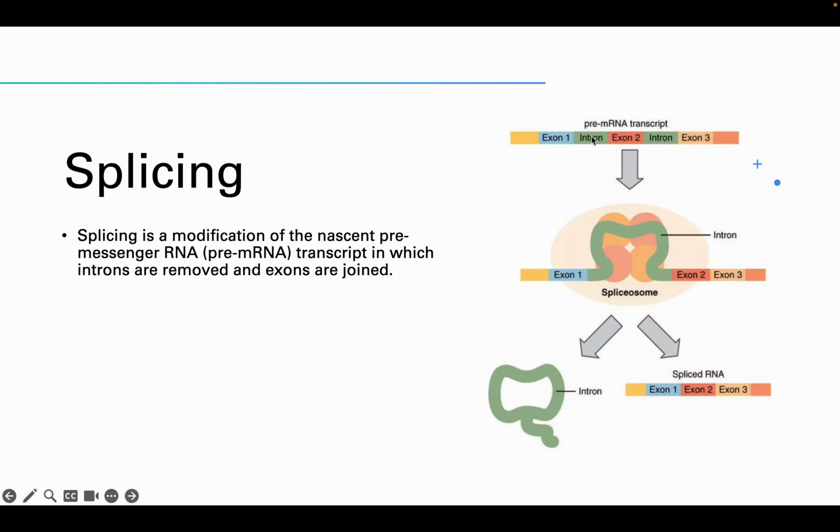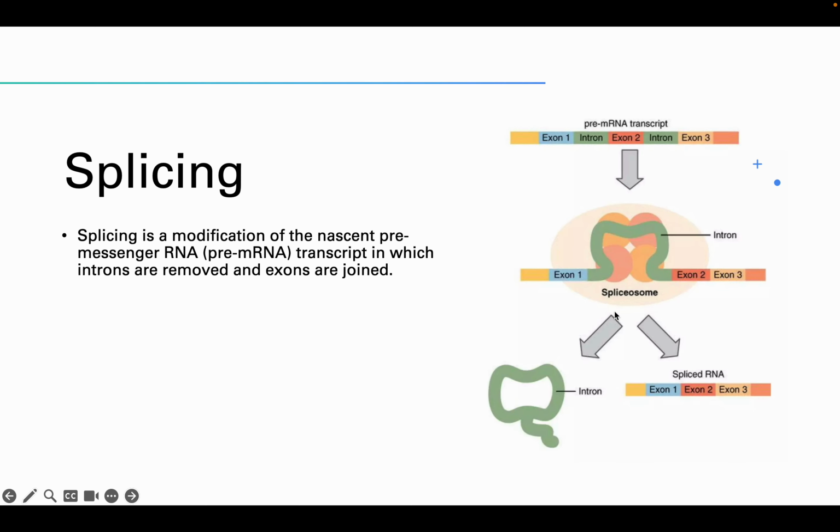In splicing, the introns are the non-coding RNA, which means that they don't code for protein, and exons are the parts which code for protein. To form the mature RNA, the introns need to be removed, so splicing removes these introns and joins the exons.